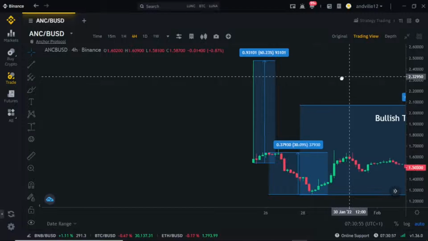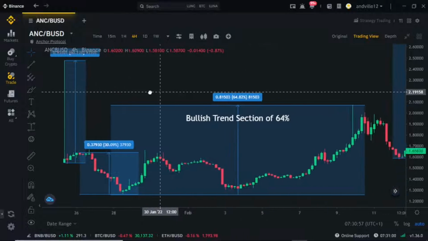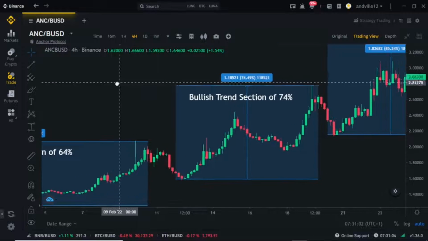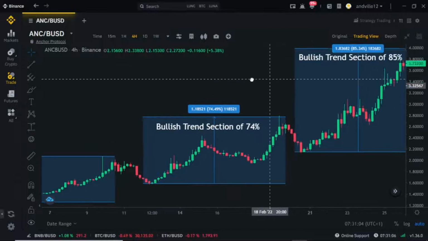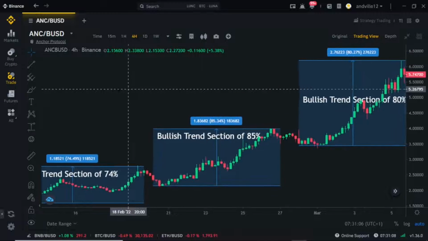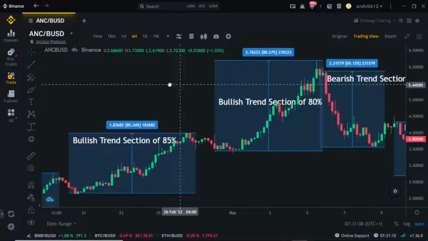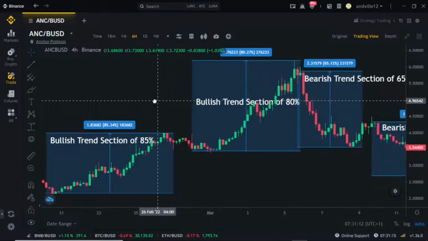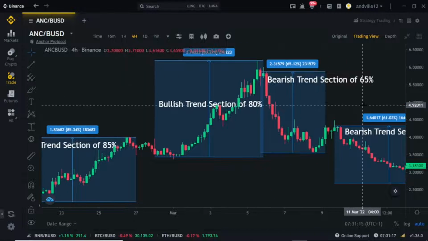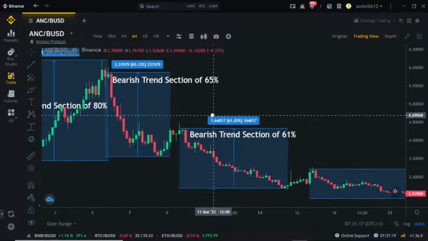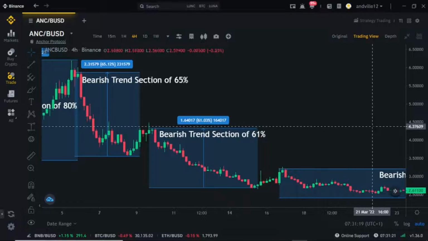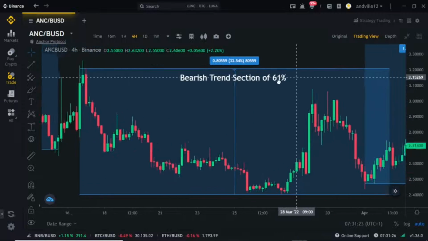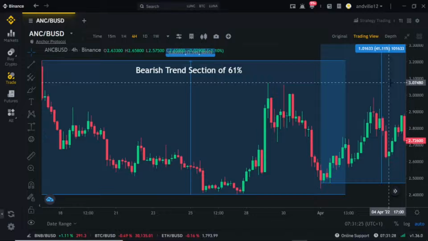And thanks to the data provided by the tradingview.com chart page, we discovered that the entire candlestick price chart data of any cryptocurrency is divided into sections of bullish trend and sections of bearish trends. Hence, the name bullish trend section and bearish trend section was discovered. So the most important metrics for performing proper technical analysis of any cryptocurrency pair are the bullish trend section and the bearish trend section of the cryptocurrency price action.